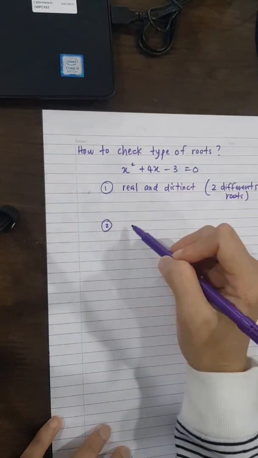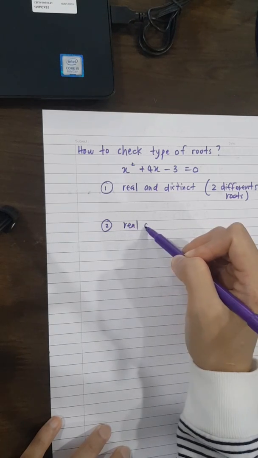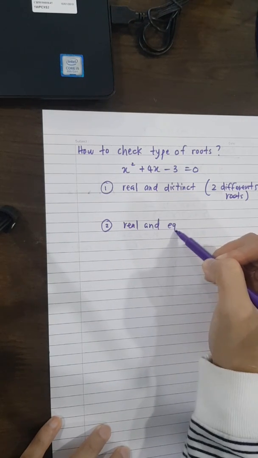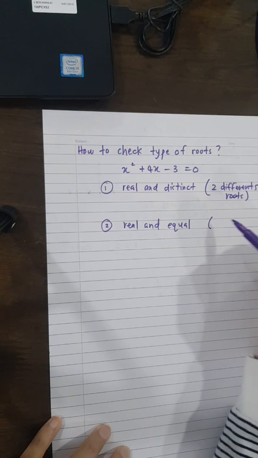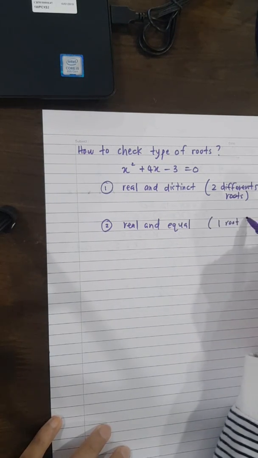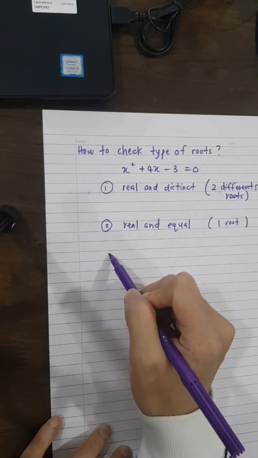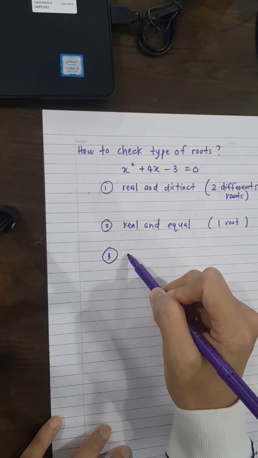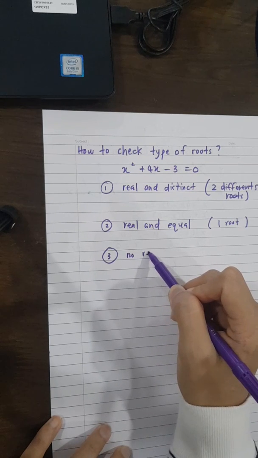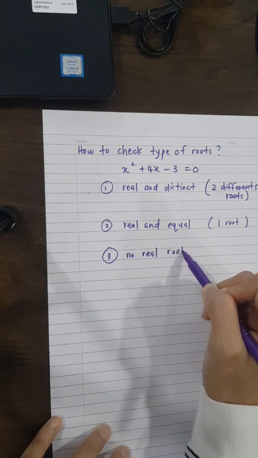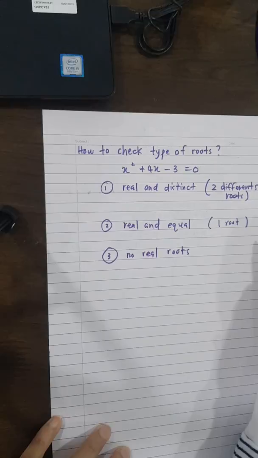The second type is real and equal. So you have one root, and they are actually equal. And number 3, you have no real roots. Okay, so the roots are not real. This is what we call an imaginary number.